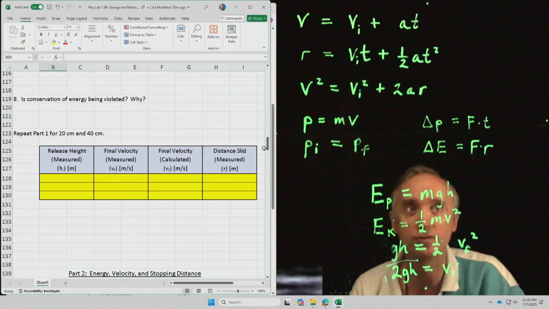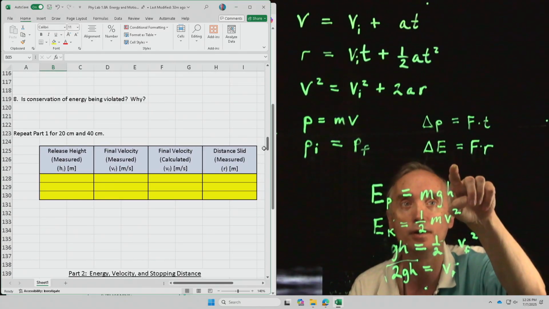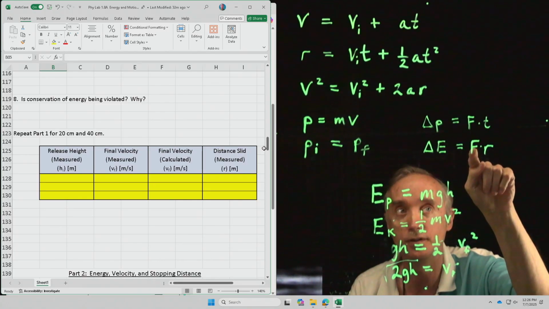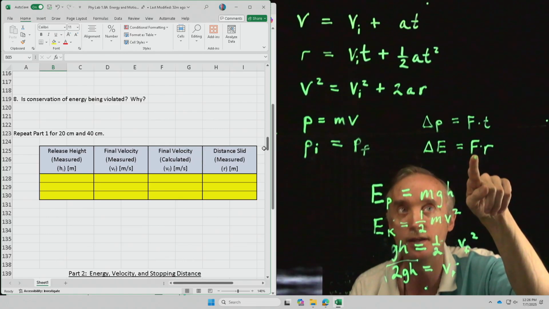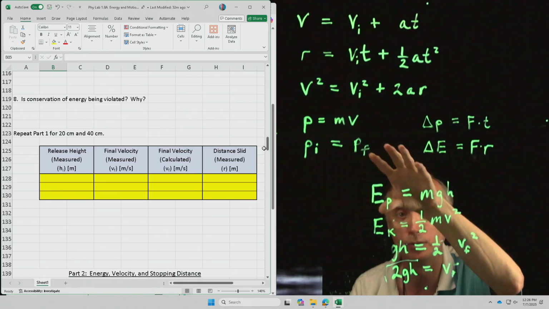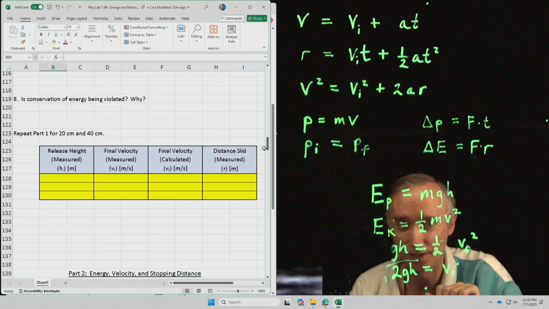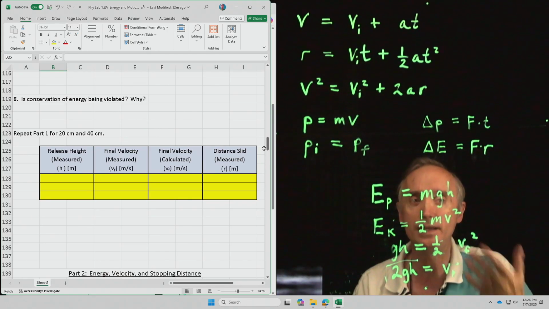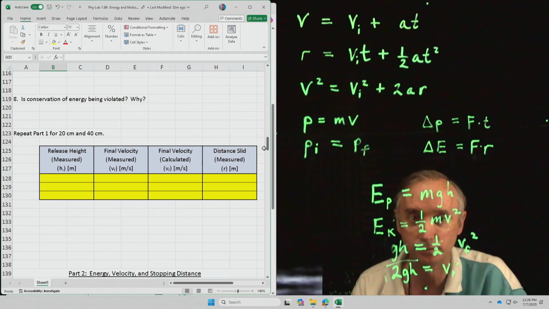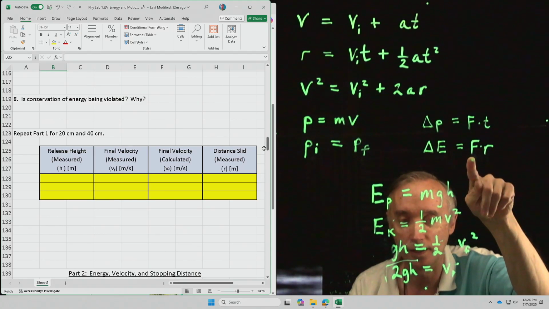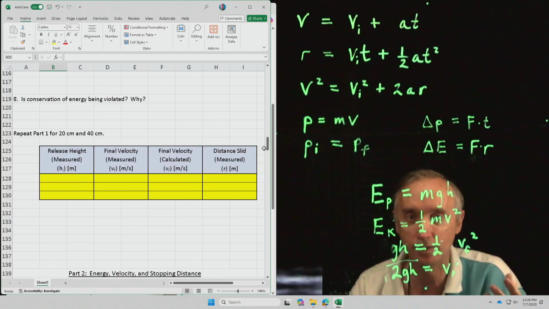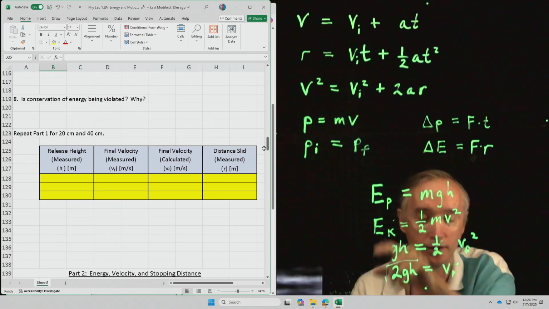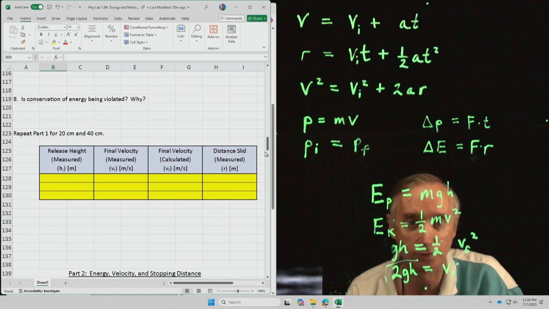So now what we need to do is go back up to this statement up here. Conservation of energy says that if there is no force, then the energy you begin with equals the energy you end with. But that's not happening here. So that means there must be a what? And what force do you think is rubbing up against the car as it's going down the ramp?